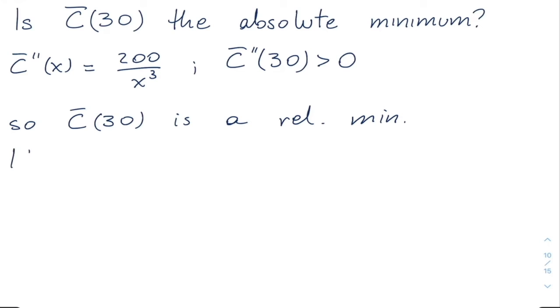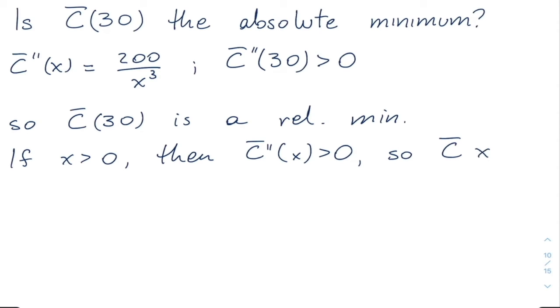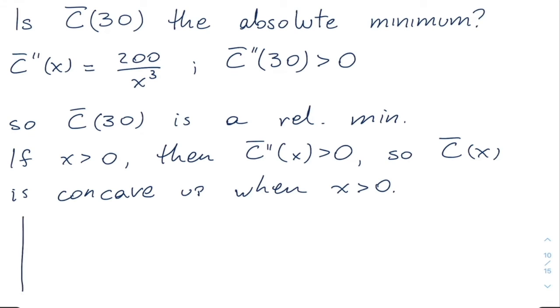We can check even more that if x is greater than 0, then the second derivative is positive. So the function is concave up when x is greater than 0. So this means that our function, when x is positive, looks something like this.